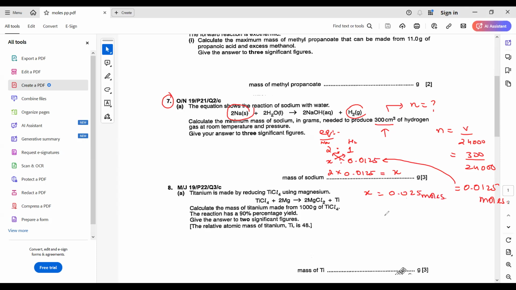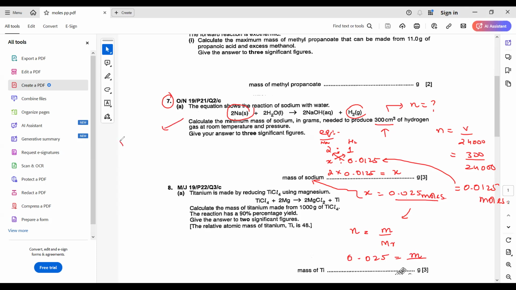That's moles. Now they wanted us to find out mass of sodium. So is there any formula that helps us to find out mass once we know moles? So the answer is yes, that's M over Mr, right? So basically we can use this formula, 0.025 and then mass is unknown.